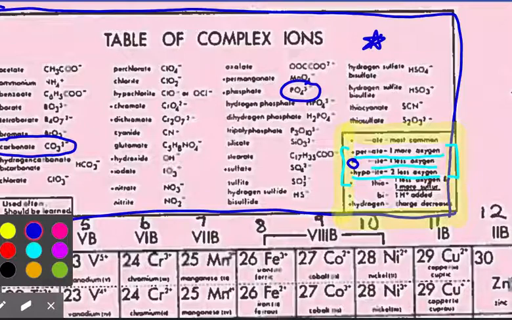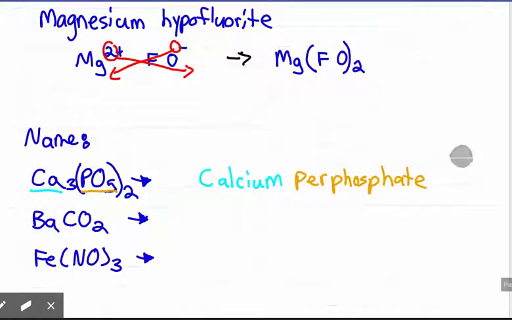Come over here to this chart and see that it's per-ate because you have 1 more oxygen. Because calcium is not a multivalent metal, we don't have to check any charges. All right, we'll do the next one.